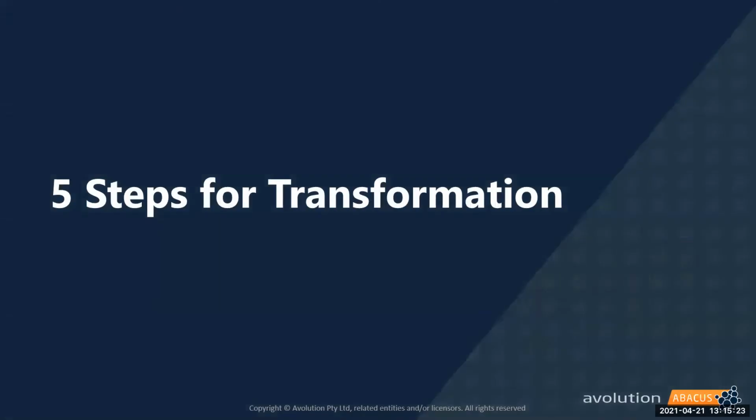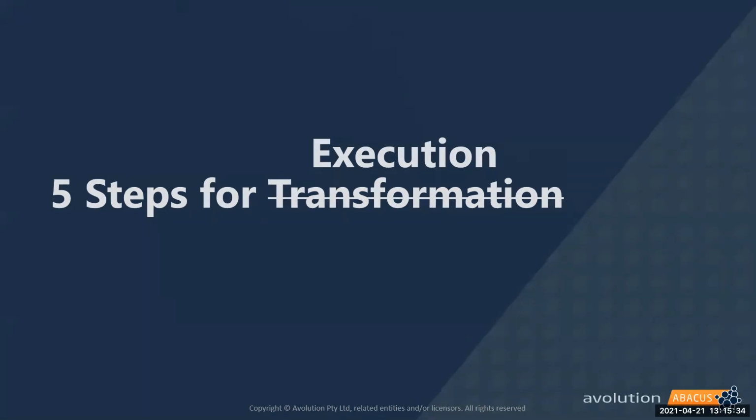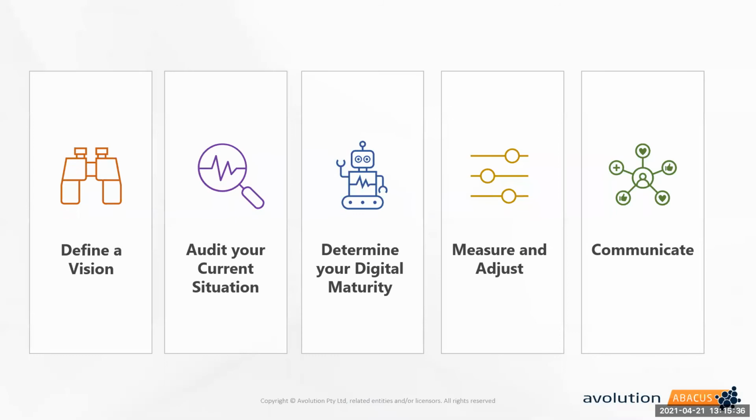So that leads us to what are the 5 steps for transformation? But more specifically, what are the 5 steps for executing these digital transformation strategies? The first is to define a vision. This is something that we've mentioned earlier. The second is to audit your current situation, which means you need a good grounding of where you currently are.